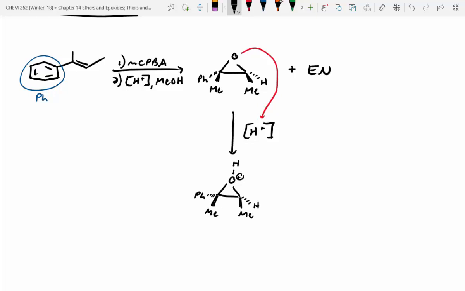And then I still have this phenyl group right here. And then in this step 2, we also have methanol floating around. My homie here. Which carbon is it going to add into? The left carbon on the epoxide or the right carbon? Yeah, the first thing you always got to do is check if you have any tertiary carbons, right? Do we? Yeah, absolutely. We'd say we have a tertiary carbon.